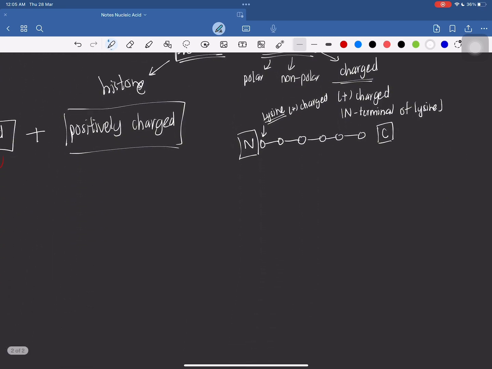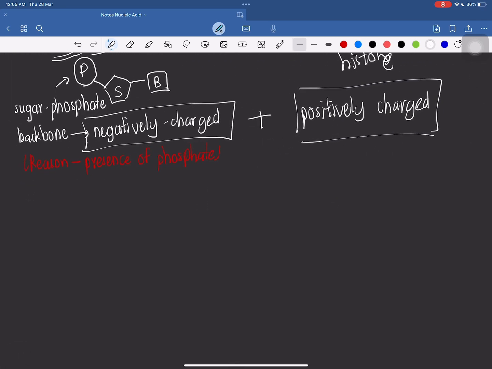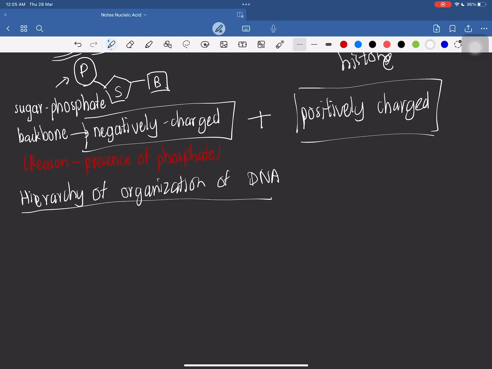So there is a hierarchy of organization of DNA. Just now we talked about the DNA strand, which is double helix DNA, and the nucleosome, which is the DNA together with the octamer. So it's not at the chromosome level yet.